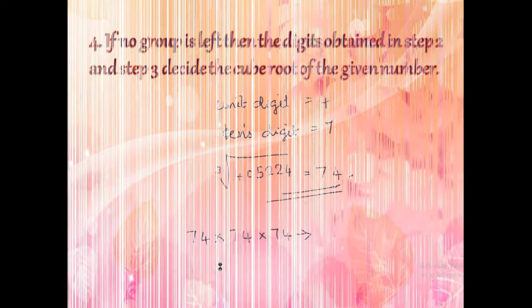Try it. Let us consider one more example. Here we need to find the cube root of 1,75,616. So what is the first step? The first step is to form groups of 3 digits starting from the rightmost digit, the unit digit.